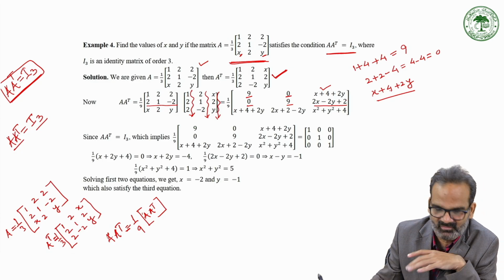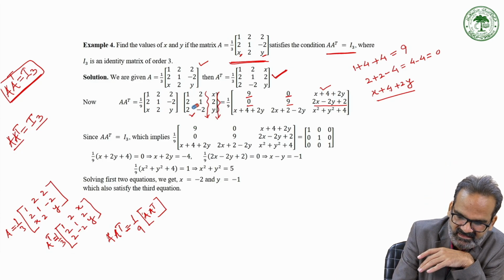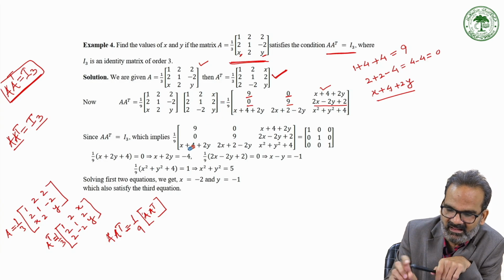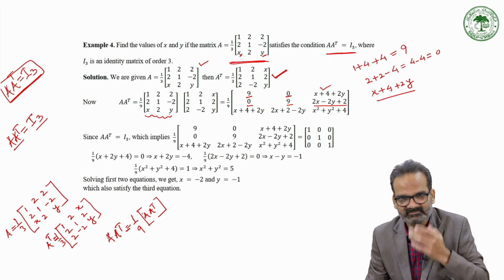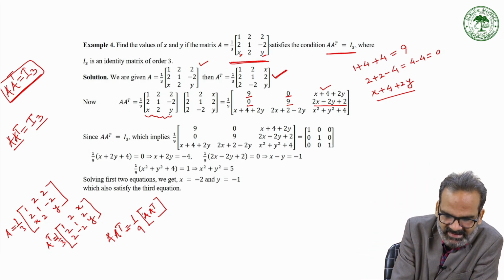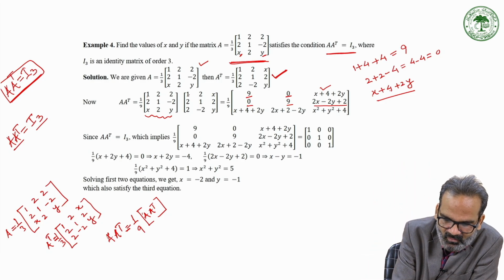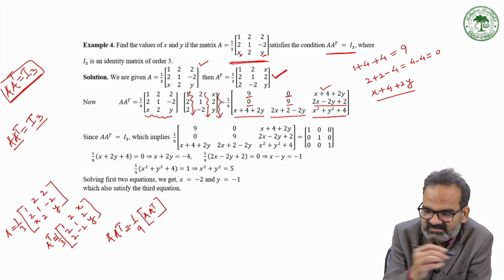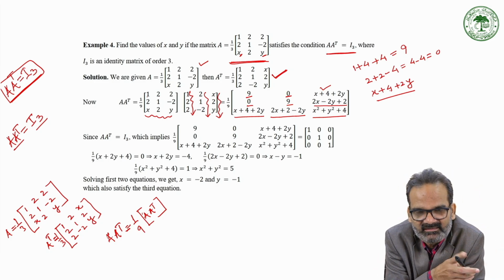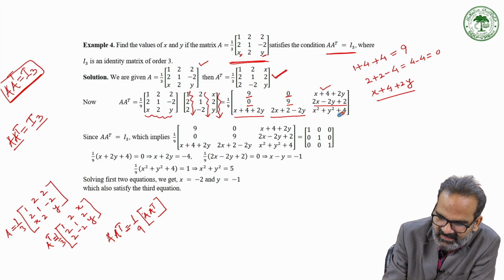And likewise, take the third row, that is x, 2 and y. Multiply this third row with the first column, then the second column, then the third column. You will get x plus 4 plus 2y, twice x plus 2 minus 2y, and x square plus y square plus 4, right?